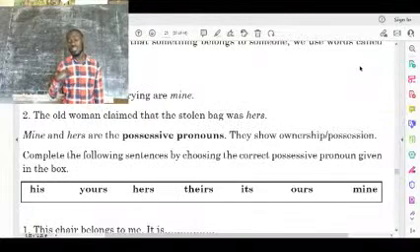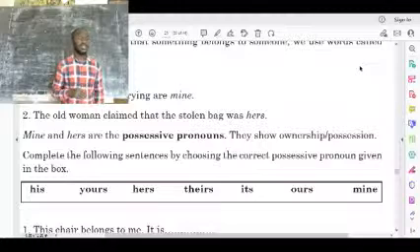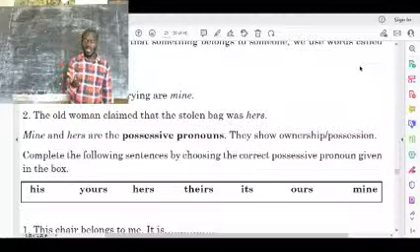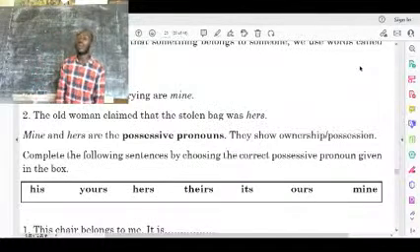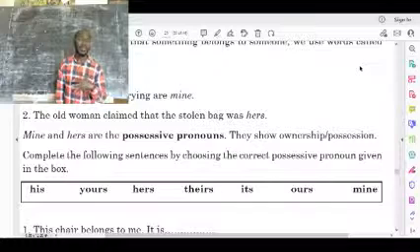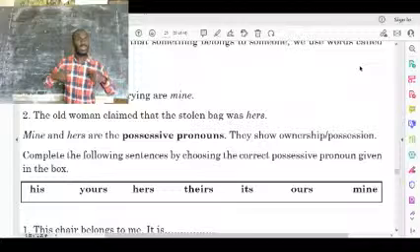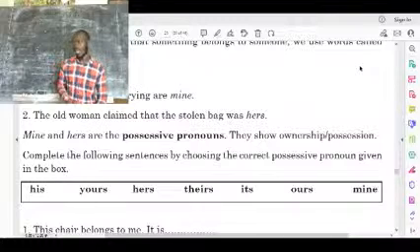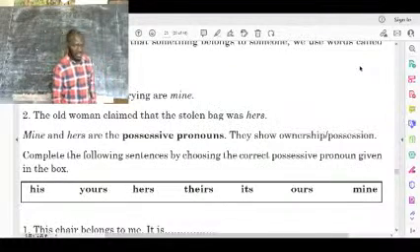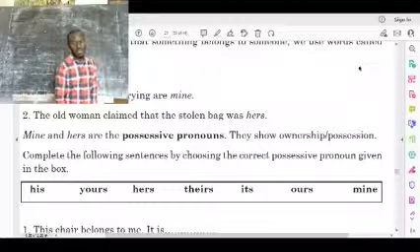That means that you're also inclusive in those who own the book. Then the same thing when it comes to mine. Mine is just a possessive pronoun that talks about an individual, one person, and you're talking about the self. That tree belongs to me, or that tree is mine. So that is how we can actually use them.